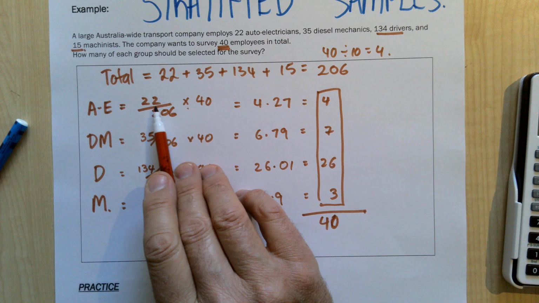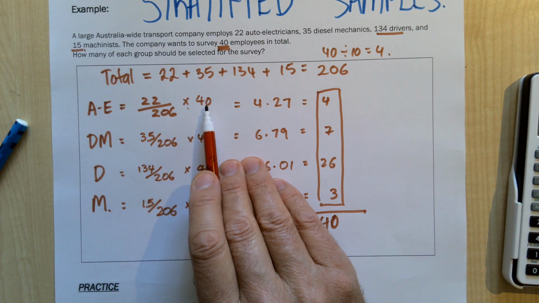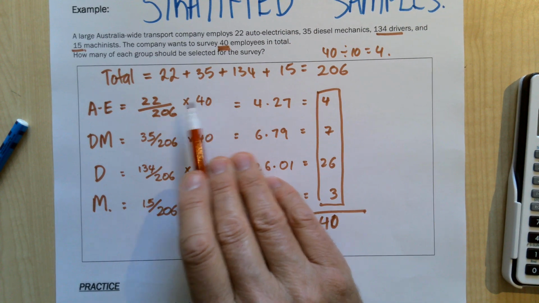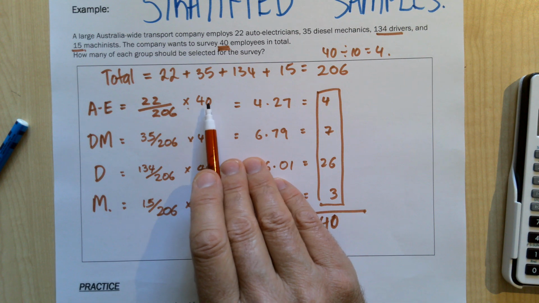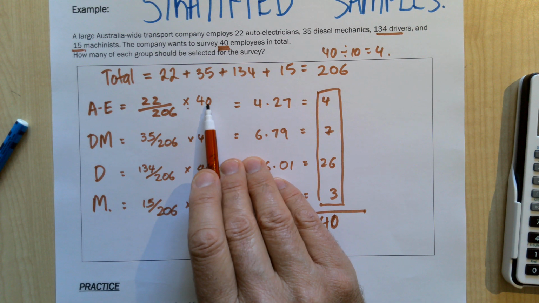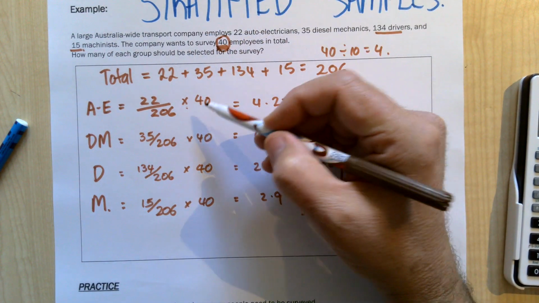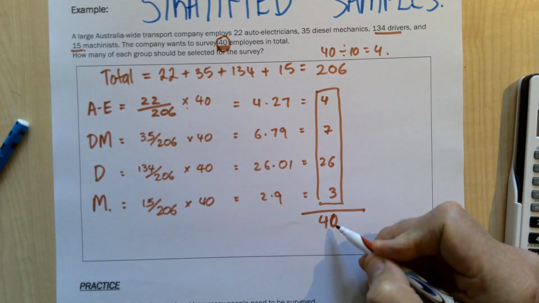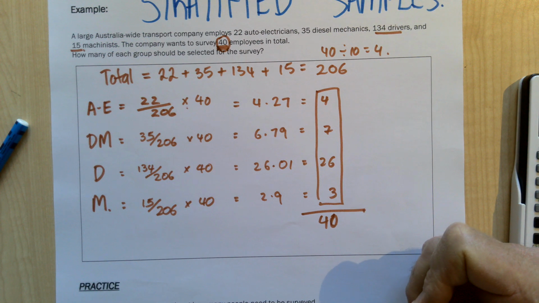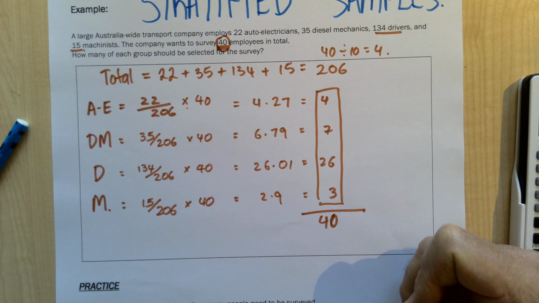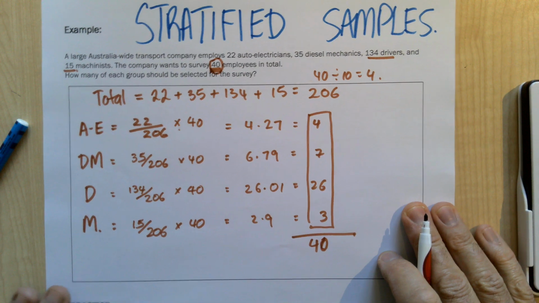So you're finding that fraction of the sample. You only want 40 in the sample. If I wanted 50, then I'd have 50 here, and this would add up to 50 due to the magic of maths. So that's how stratified sampling happens.